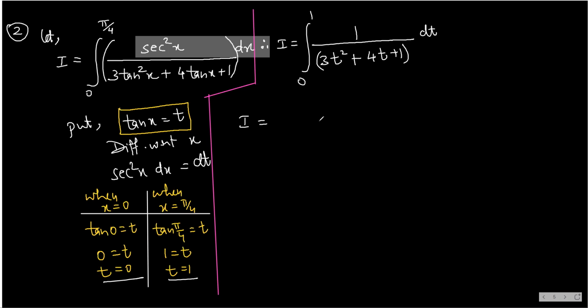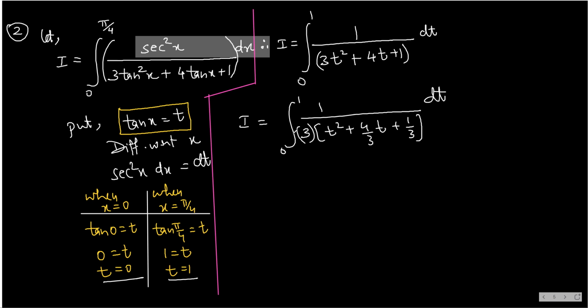I equals 0 to 1, 1 upon, I take 3 common. So I get t square plus 4 by 3 t plus 1 by 3 and dt. Now this 3 will come out anyways. So 1 by 3 is out, 0 to 1. And I get here t square plus 4 by 3 t plus 1 by 3. I go for, you know, the process.